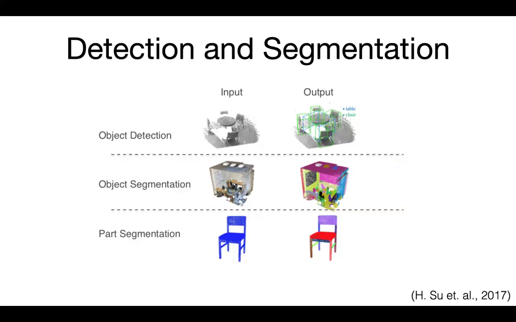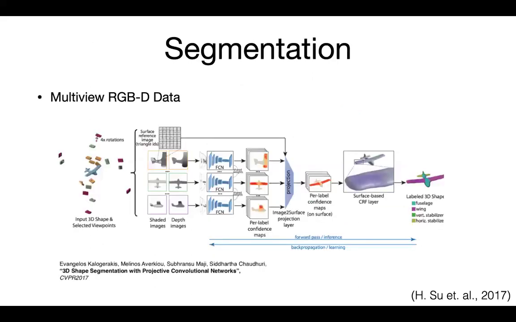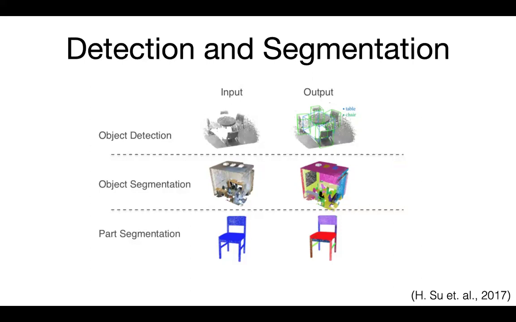But we can also do a much finer detection, because we can detect and segment the shape of the object. So not only say this is a chair, but we have the points that belong to that chair, right? And even further, for the chair, we can segment it into parts by applying this kind of algorithm.